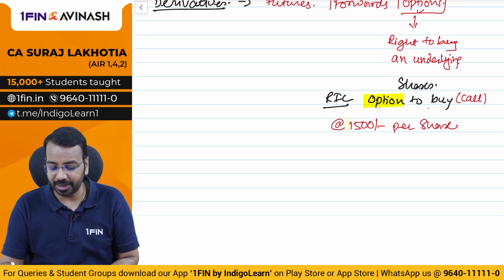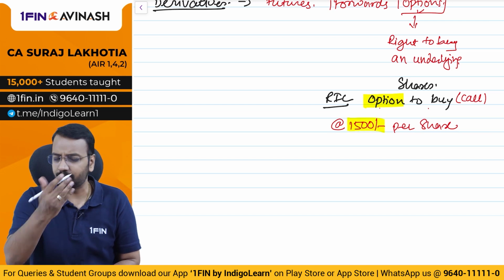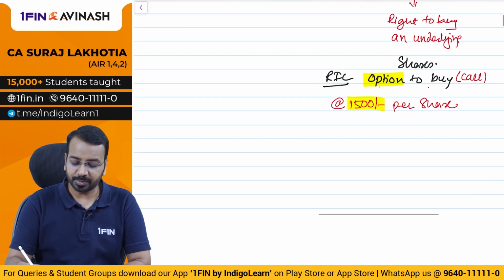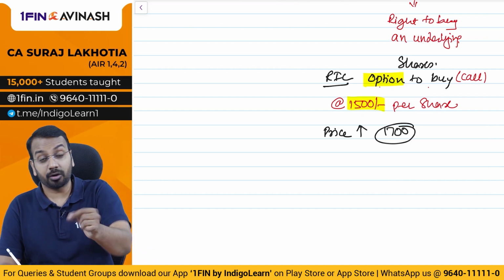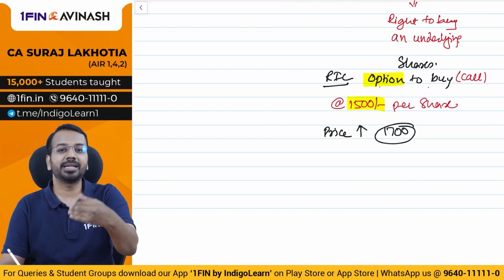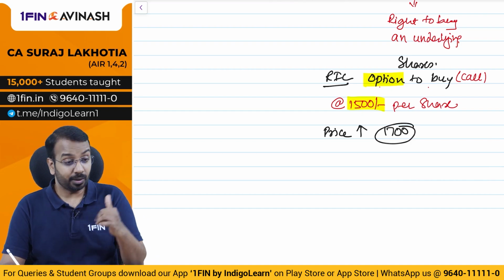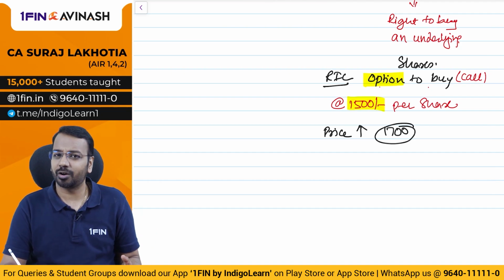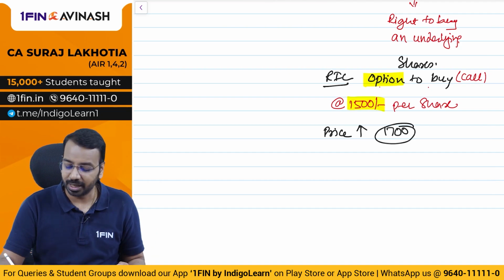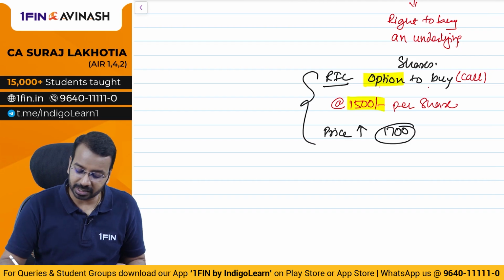So, I agreed to buy at 1500 per share, I paid some upfront premium and all. Subsequently, let us say the price increased to 1700. I have an option to buy at 1500, price increased to 1700. Now, I can still buy at 1500 under the contract. Is it beneficial to me or not? Yes, of course, it is beneficial to me. So, here what will happen subsequently?